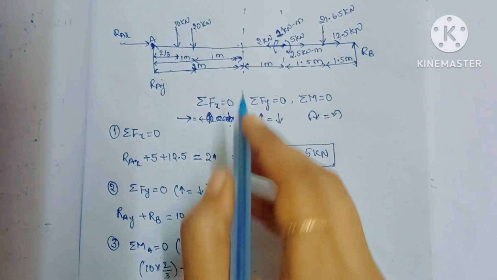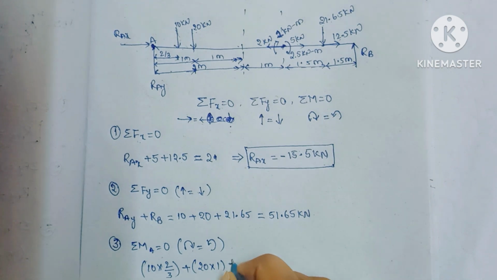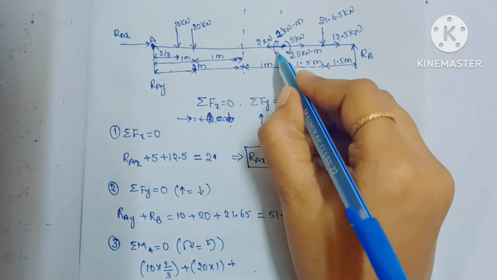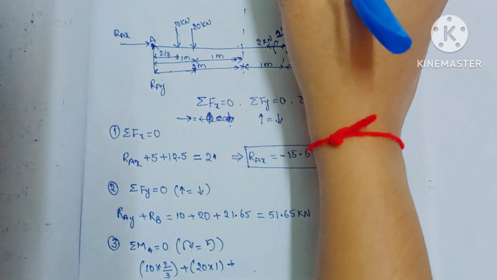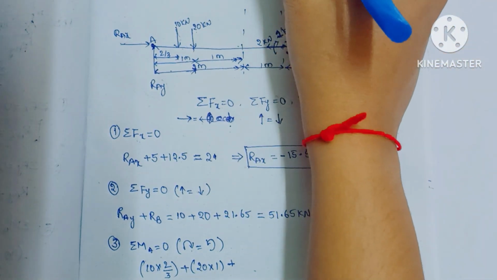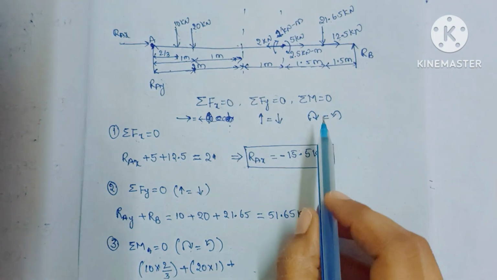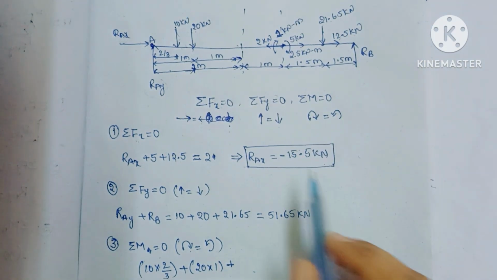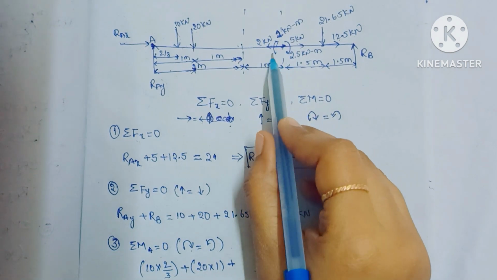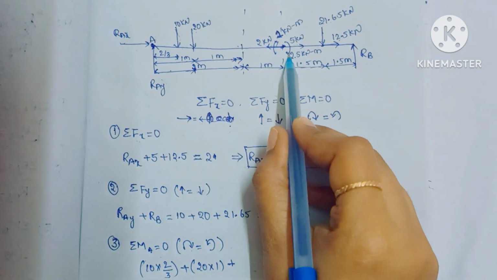And next one is here, if you see direct moment here, which is acting, both are acting in clockwise direction only. So this is also acting in clockwise direction, this is also acting in clockwise direction.